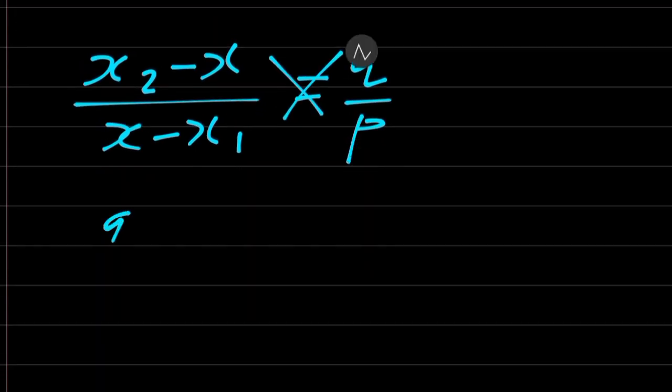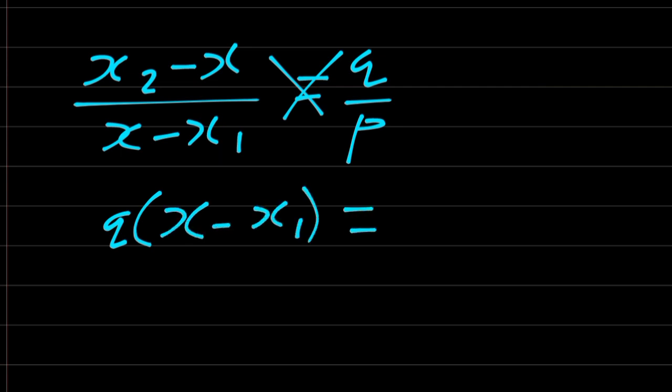So we have Q into bracket X minus X1 is equal to P into bracket X2 minus X.